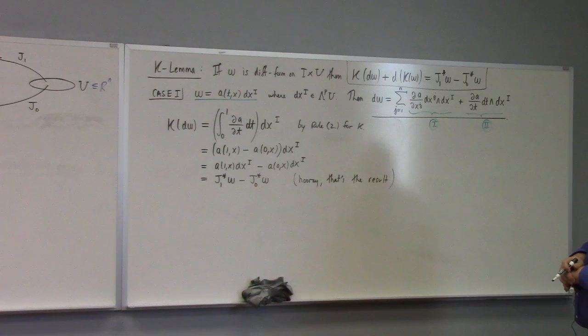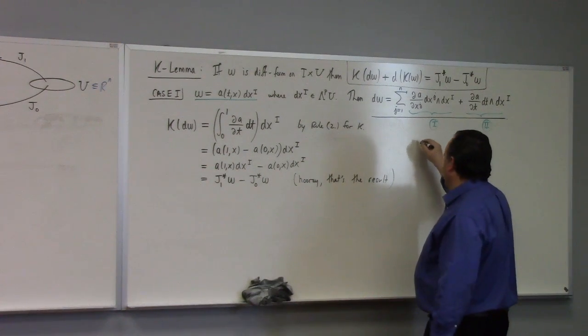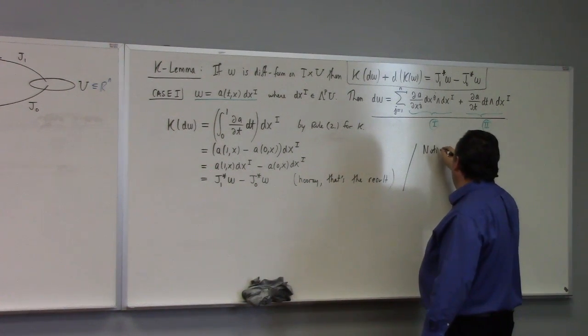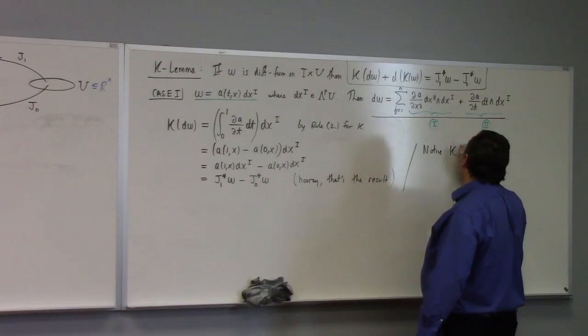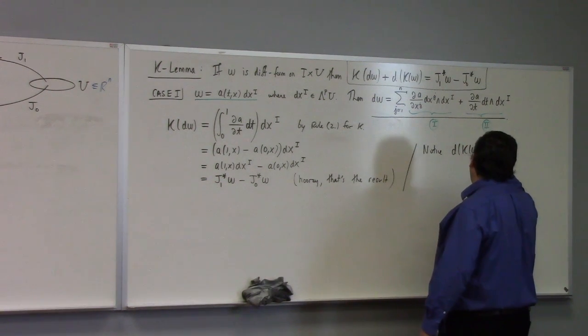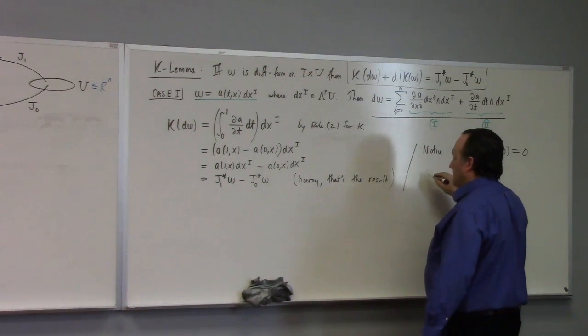Oh, did I not do that yet? Oh yeah, my bad. d of k omega is equal to d of 0, which is equal to 0.